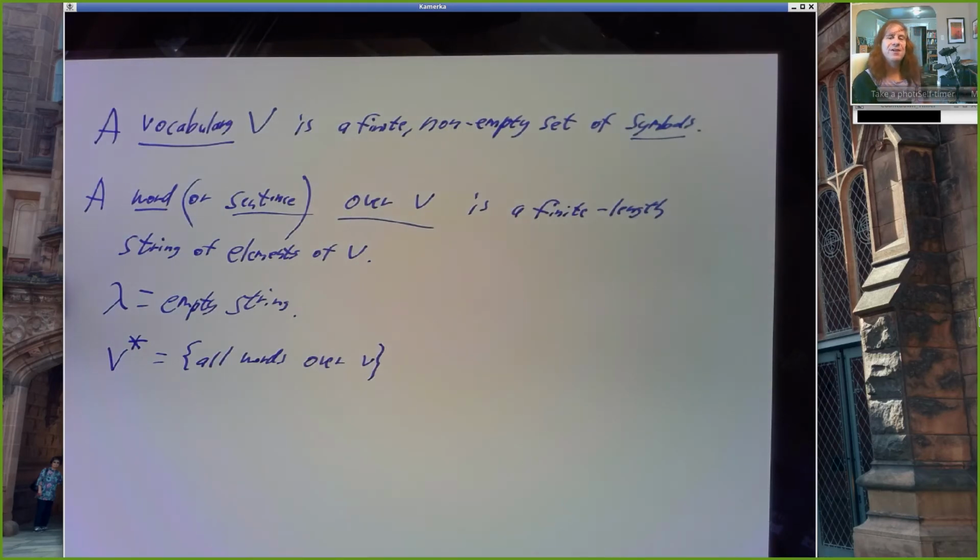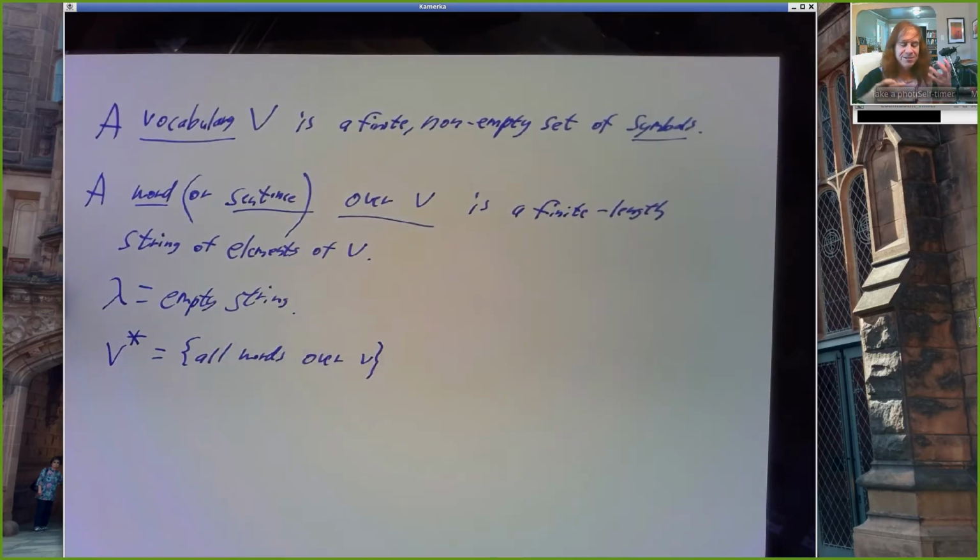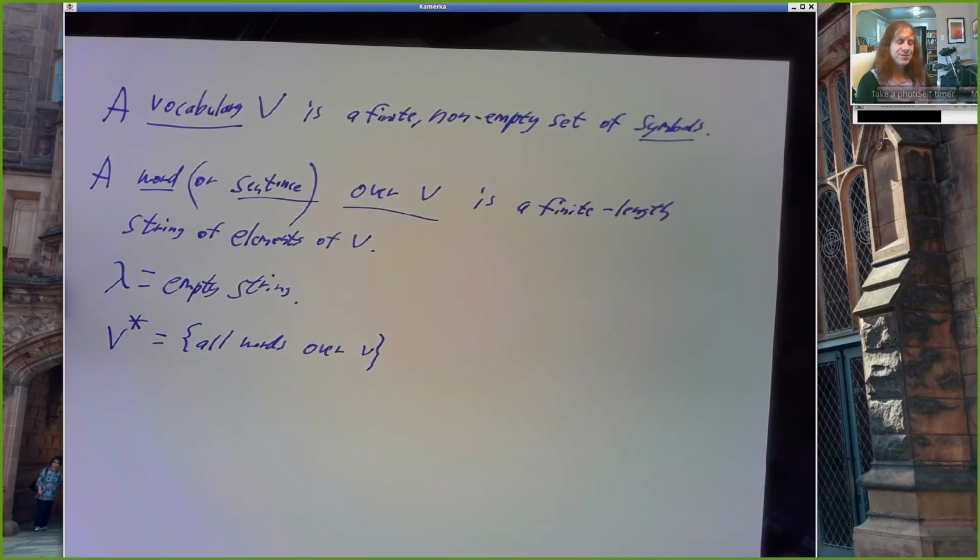As long as it's finite in length, it could be any string of letters. And V star would be the set of all strings comprised of symbols from V. So basically, take a bunch of Scrabble tiles, throw them on the floor and put them together in some order, and you've got something that belongs to V star. It's the set of all possible words.